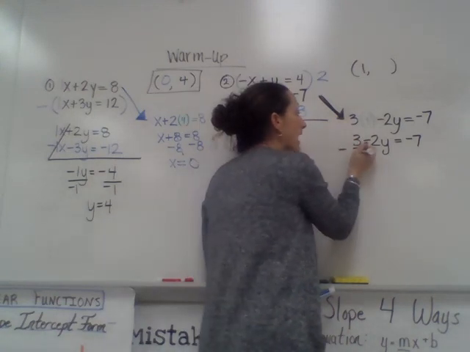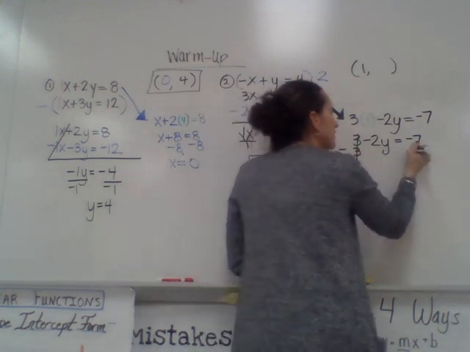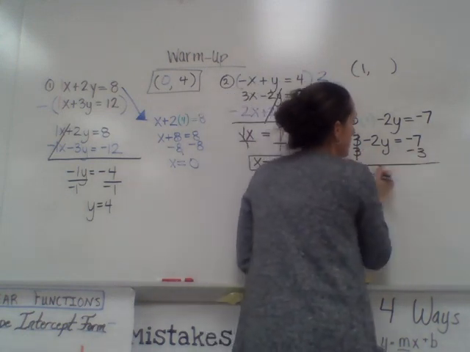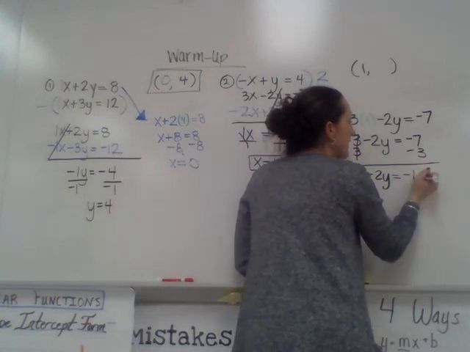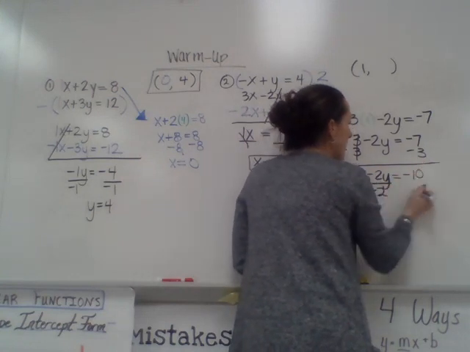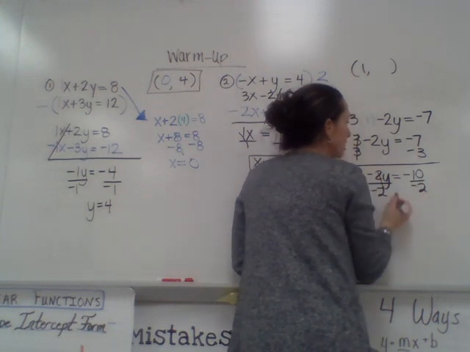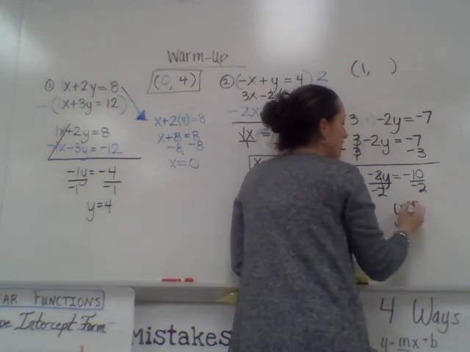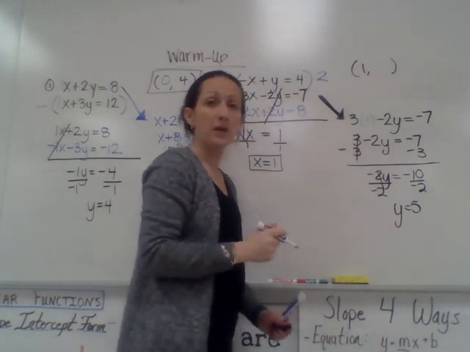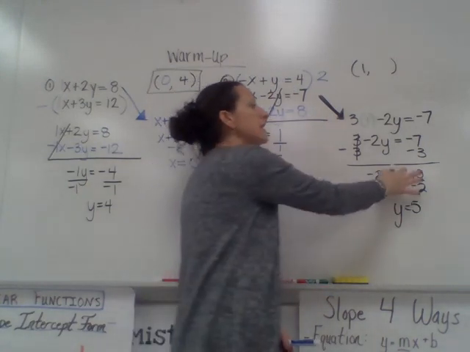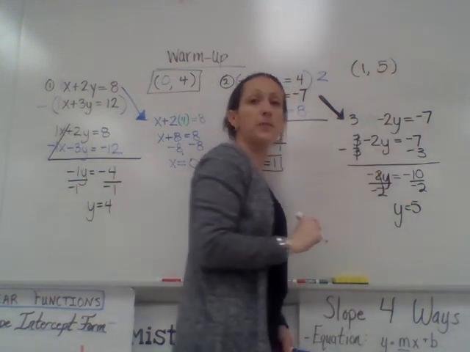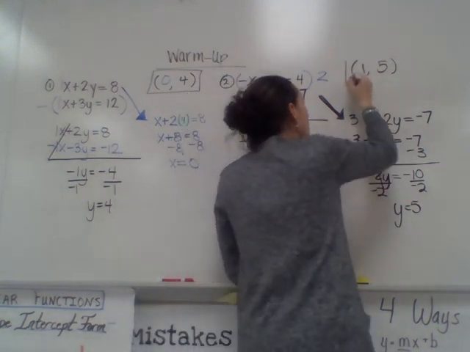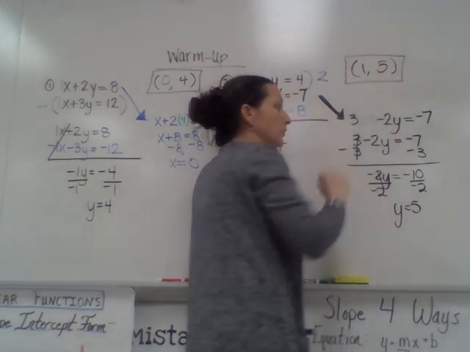So I'm going to subtract 3 because 3 minus 3 goes to 0. -2y is equal to -7, and -3 is -10. Divide both sides by -2. And y is equal to a +5. Okay, because you have a double negative here when you're dividing. I put it as the second part of my point, and the point 1, 5 is my solution.